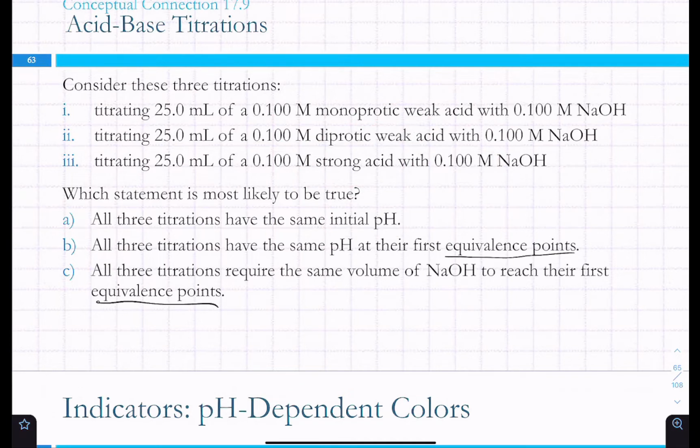So if the concentration of our acids is the same, that means we have the same number of acid molecules floating around in the solution. So to get to the equivalence point, it's going to require the same amount of base, as long as the bases are all the same concentration. It's like saying each of these has 100 acid molecules, so each is also going to require 100 base molecules to get to the first equivalence point.